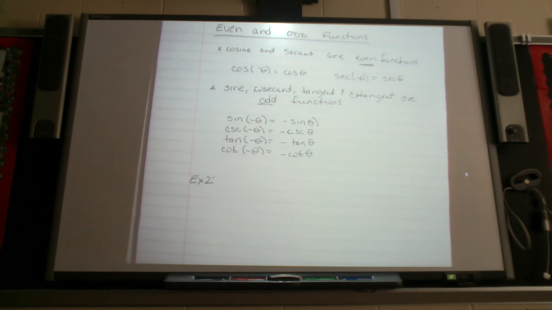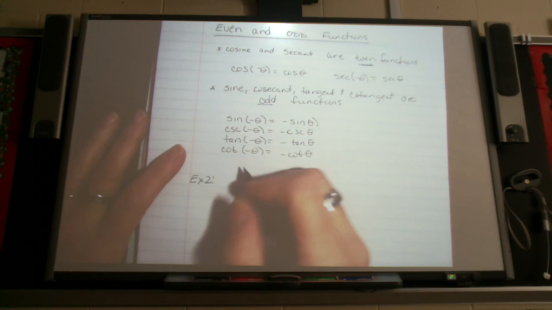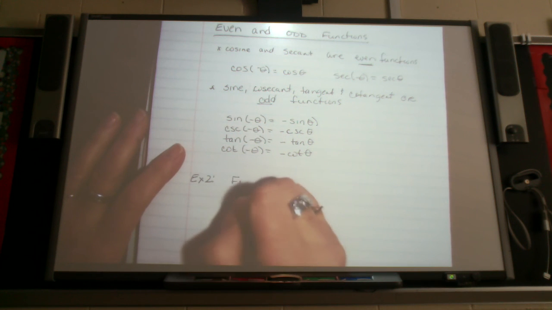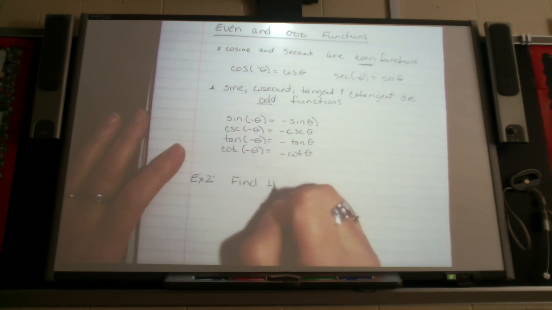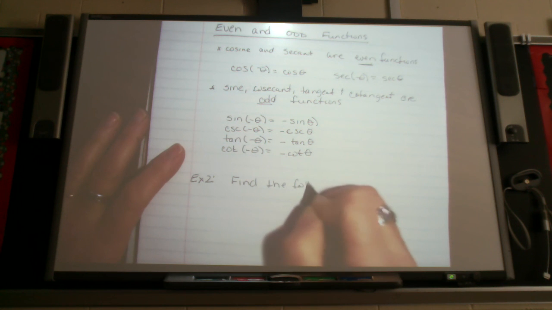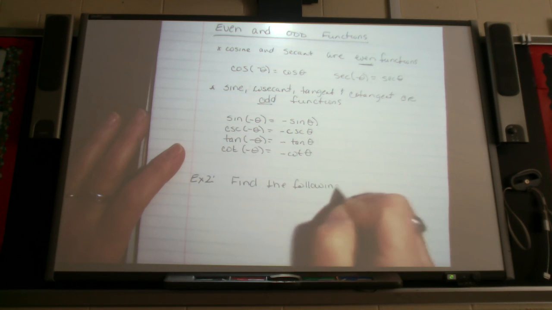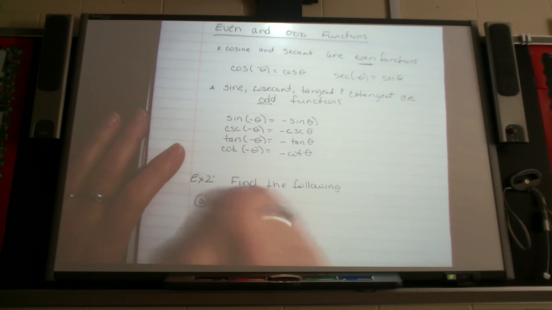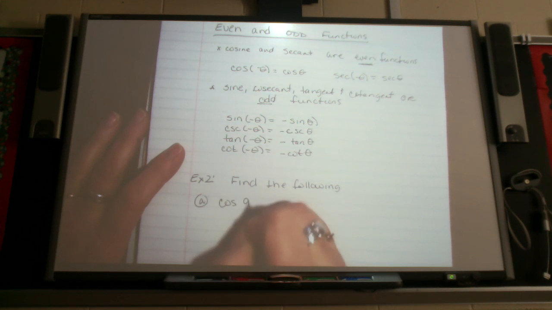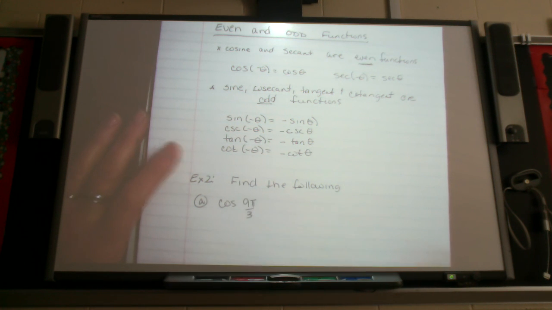Example 2. Find the following. The cosine of 9 pi over 3.